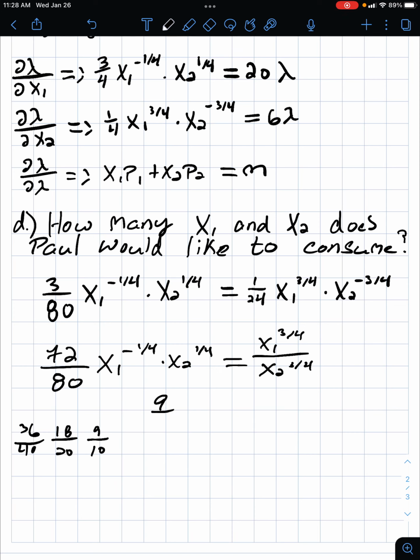So 9 over 10 x1^(-1/4) times x2^(1/4) is going to be equal to x1^(3/4) over x2^(3/4).